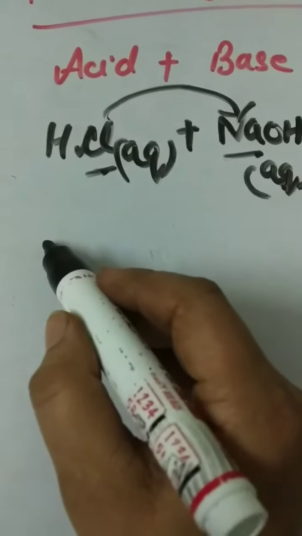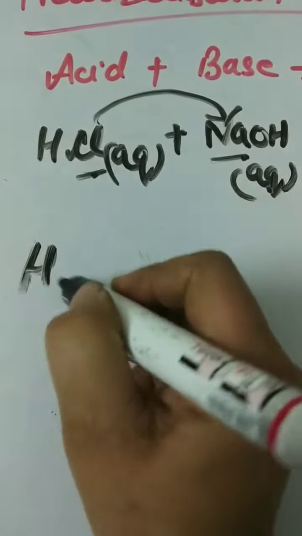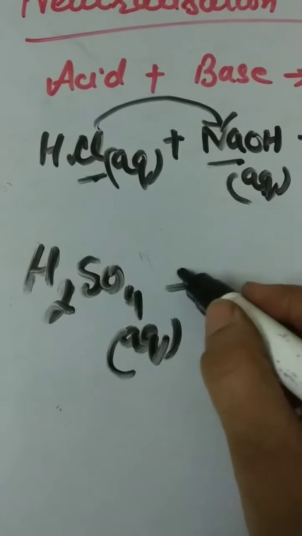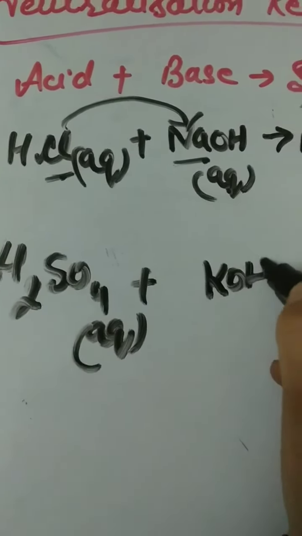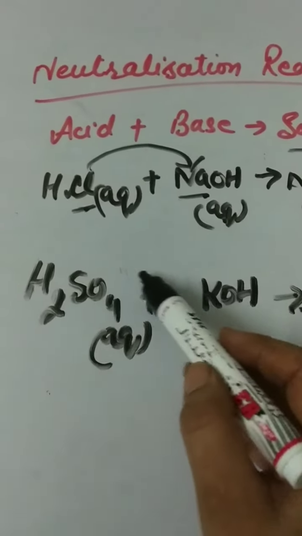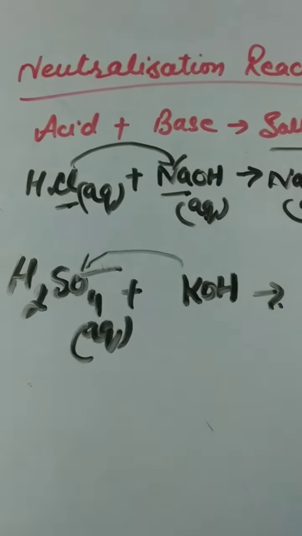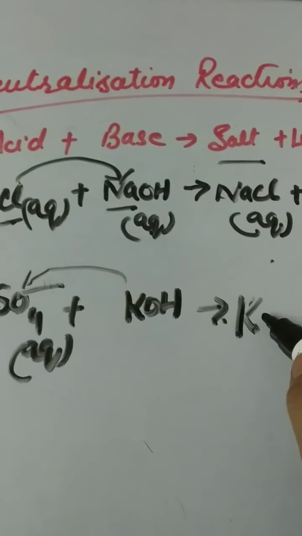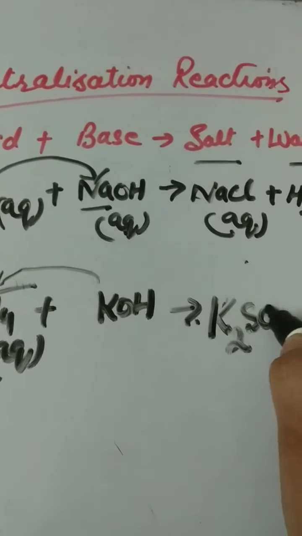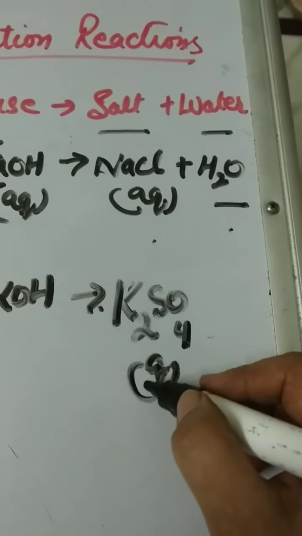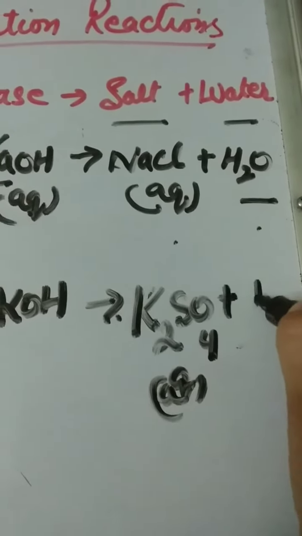Similarly, if we take sulfuric acid in aqueous form, it reacts with the base potassium hydroxide. What will it form? By exchange of radicals, we form potassium sulphate in aqueous form, and water will form.